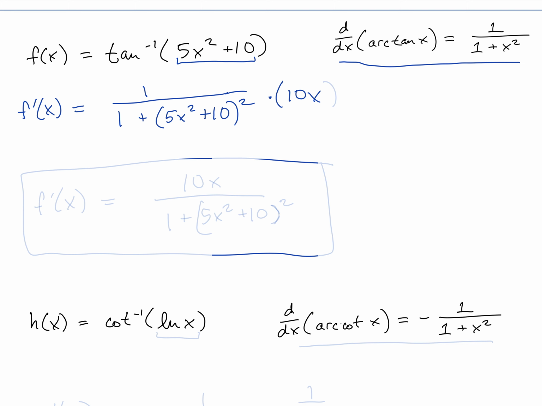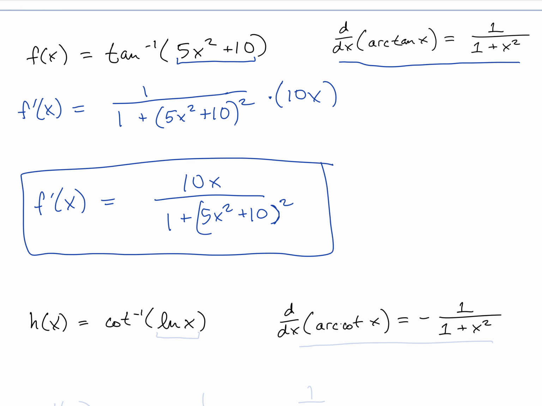Derivative of 10 is 0, so that's that. And then f prime of x, if we simplify it, is 10x over 1 plus 5x squared plus 10, squared. And we could multiply out the bottom, or we could just leave it as is.